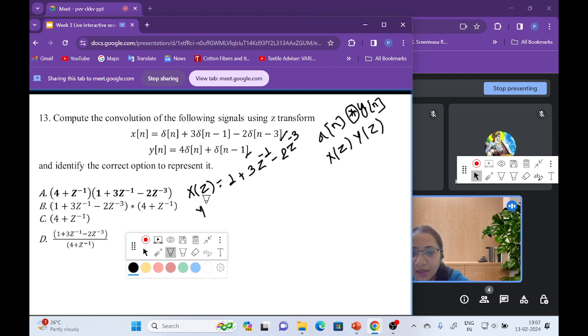Similarly, the Z transform of y of n, that is Y of z, will be 4, since the Z transform of delta of n is 1, plus z inverse.